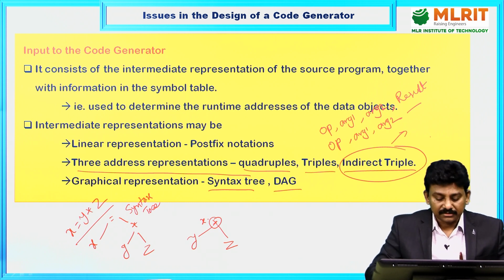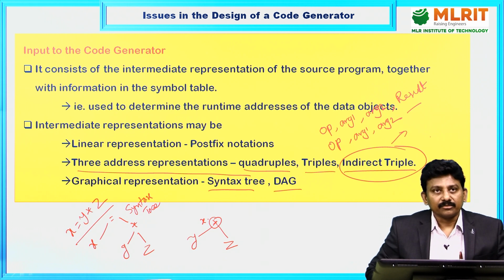This is DAG. So, input to the code generator is the intermediate representation. Intermediate representation may be linear representation, that is postfix notation, or 3 address representation, implemented as quadruples, triples, indirect triples, or graphical representation, syntax tree or DAG.